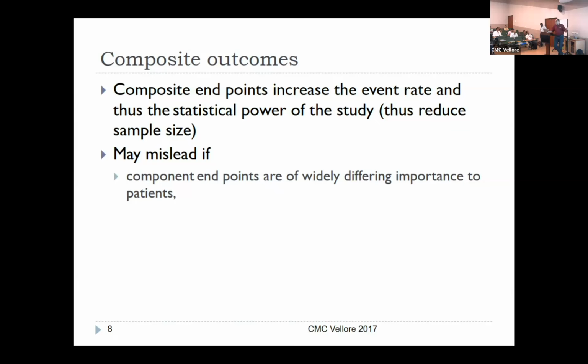That's a composite. So I'll call that composite, which is actually called MACE, major adverse cardiovascular event. And I will design my study, and I'm hoping at the end of the day that I get a confidence interval that does not include zero.